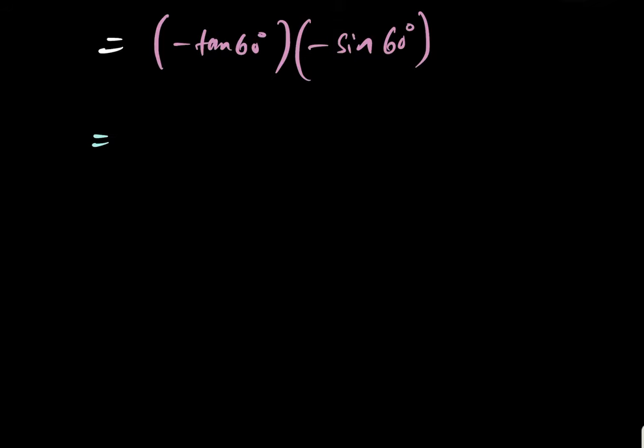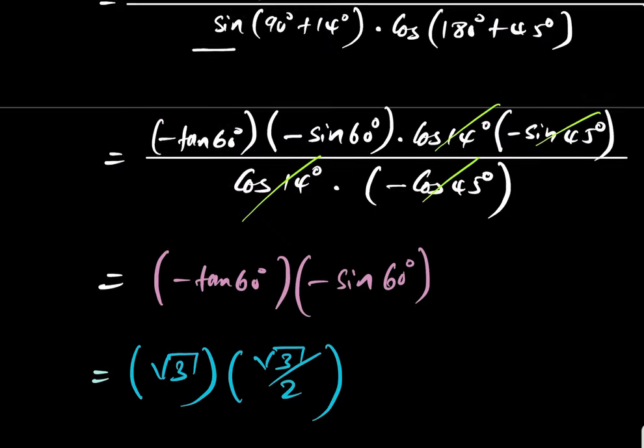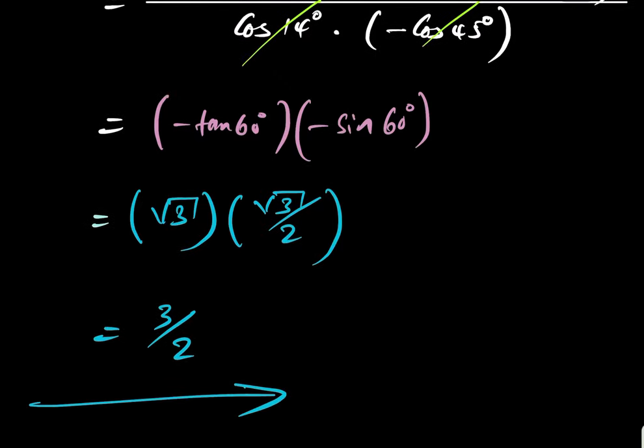Negative by negative is positive, so we are going to get the square root of 3 for tan 60, and then this one is going to be the square root of 3 over 2. Well, the square roots are going to undo each other, and then you're going to be left with 3 over 2 as the possible value for the first one. That's how you really simplify that.